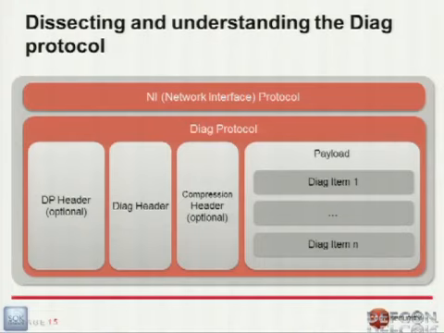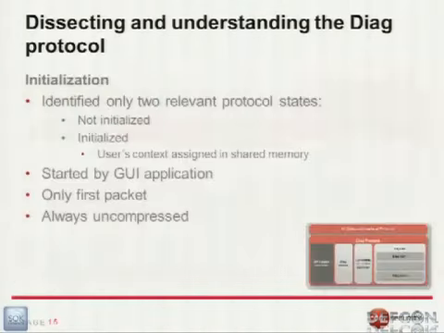Then you have the Diag header, which carries information about the communication. The compression header, which is also optional and only present when the payload is compressed. And the payload itself, the part that carries all the relevant information, all the screen data, etc. And it's composed of a variable number of different items. So let's start with each one.